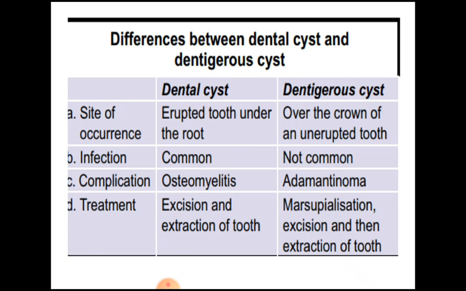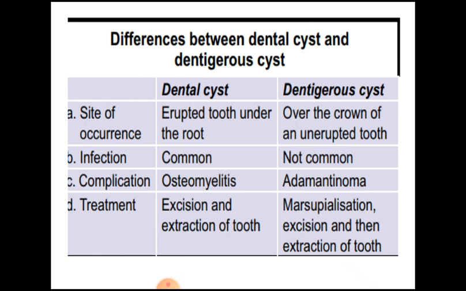Treatment: excision and extraction of the tooth, while dentigerous cyst treatment is opening of the cyst, which is called marsupialization, excision of the unerupted tooth, and the curettage, crushing of the alveolus. This is the difference between the dental cyst and the dentigerous cyst.